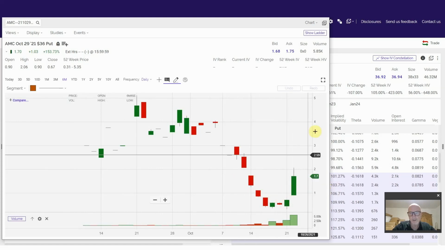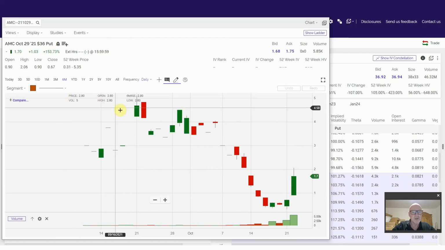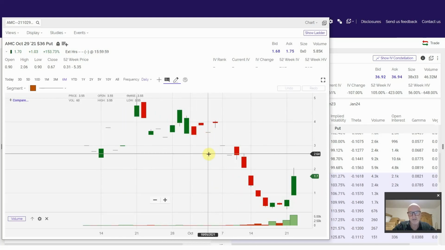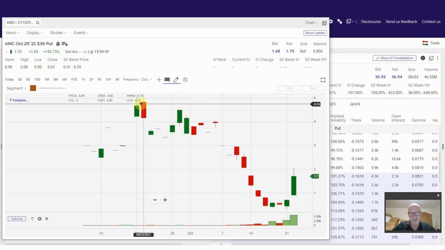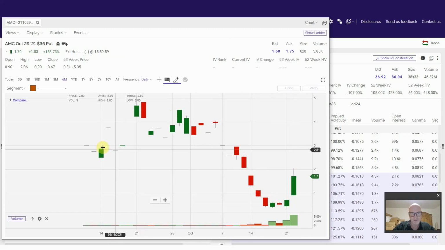When you look at options charts, as a seller, you're selling theta, which is decay, which means the price of the premium, or the price of the option, continues to go down in your favor over time. So even if the price of the stock is moving up, it still just decays as time goes on.